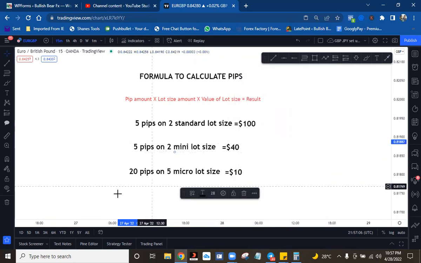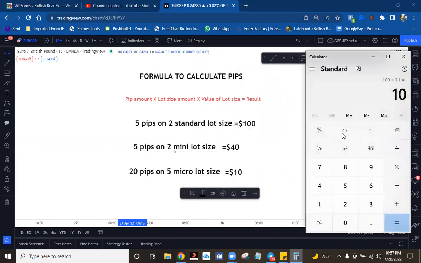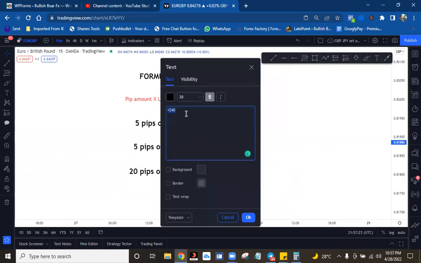How much am I risking? The formula again: 5 pips times 2 mini lot size times $1 per trade equals $10. I'm risking $10 on this trade.